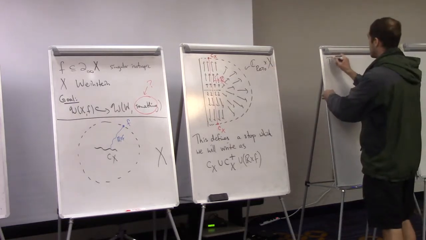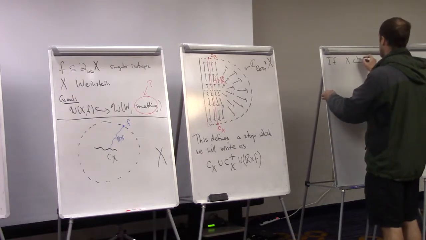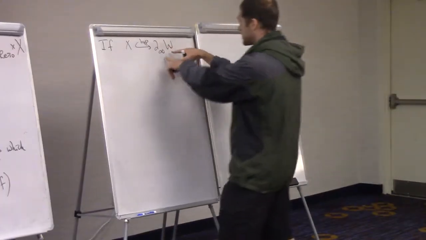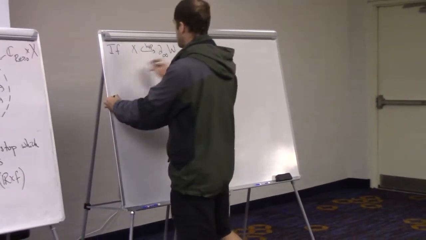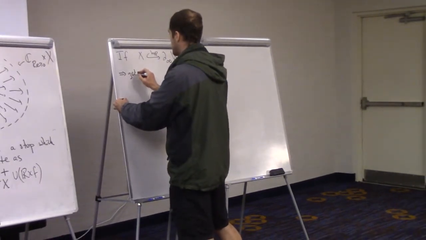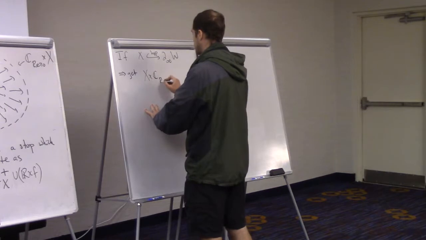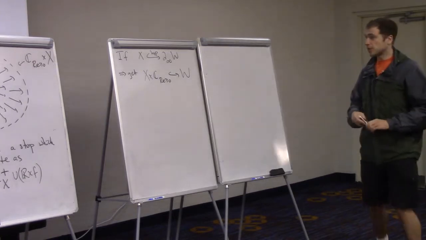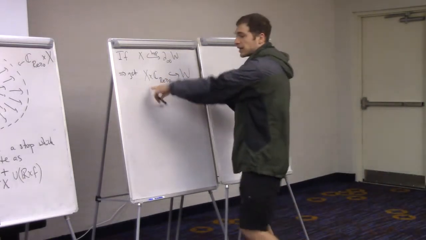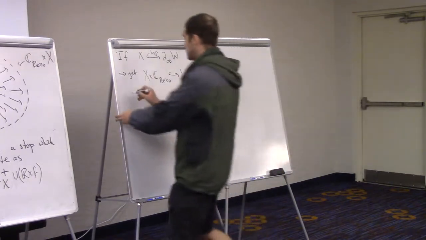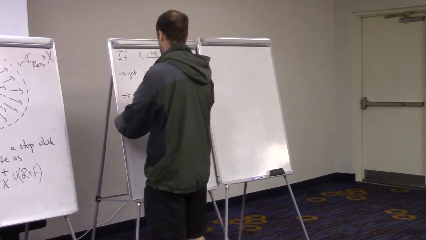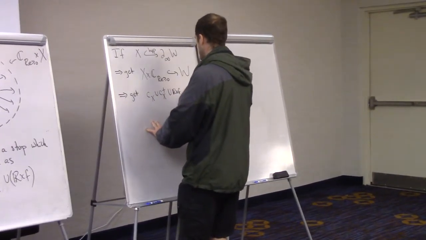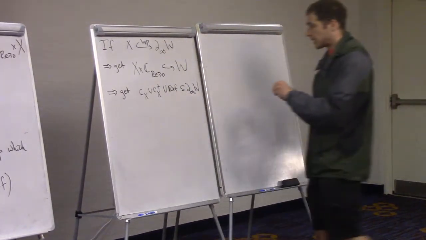But now, if you have X as a Liouville hypersurface inside any contact manifold, inside the boundary at infinity of W, then it has a standard neighborhood, X cross a half plane inside W. And so using this, we can implant this stop in W. So using this, we get CX union CX plus union R cross F inside here.